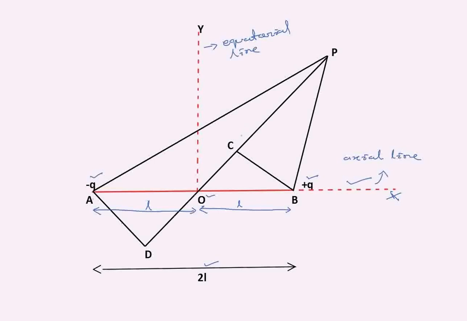P is any arbitrary point situated inside the electric field of the dipole where we want to find the electric potential, and this point P is situated at a distance r from the center of the dipole, that is, OP is equal to r. So this is all about the diagram.